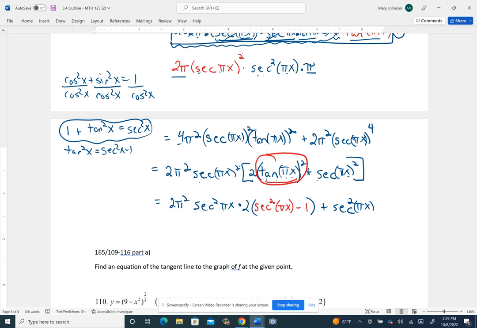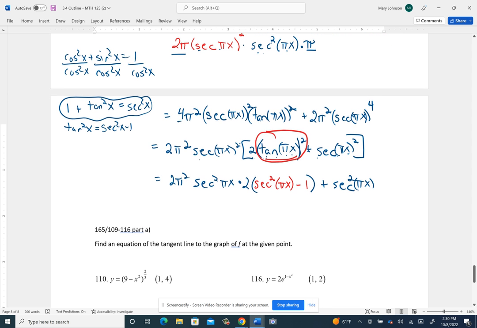Okay. And let's see, I need that. Was that all multiplied? This has a big multiplication, so that needs to be like that.